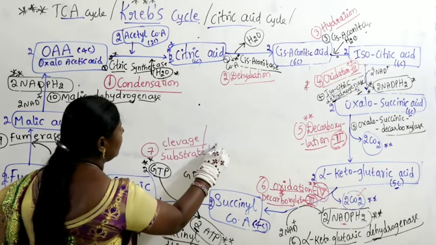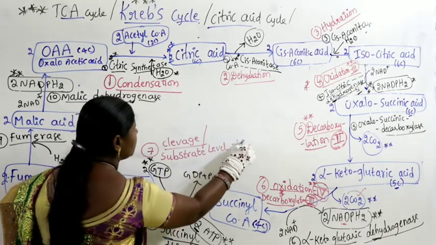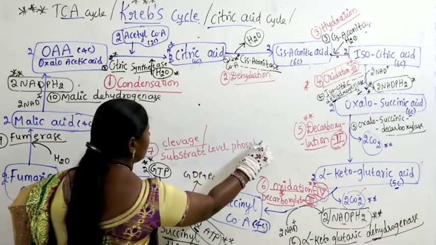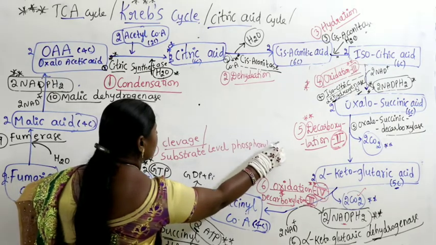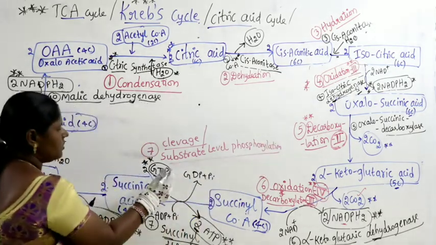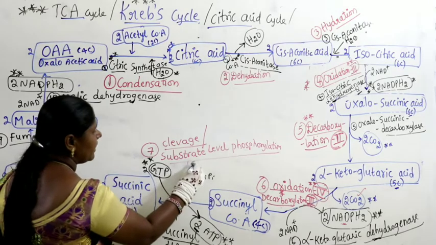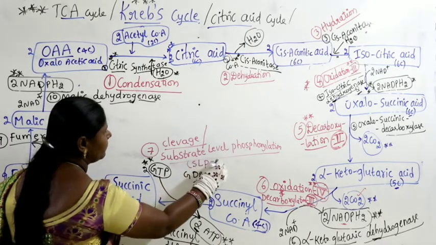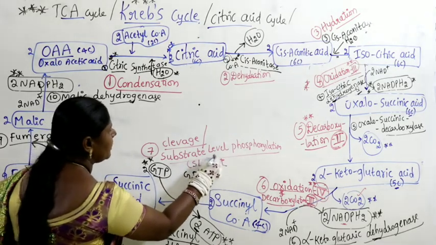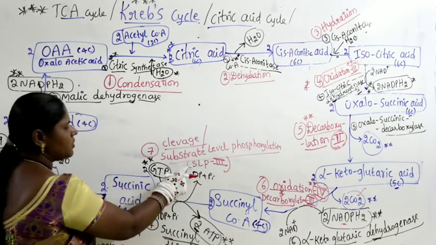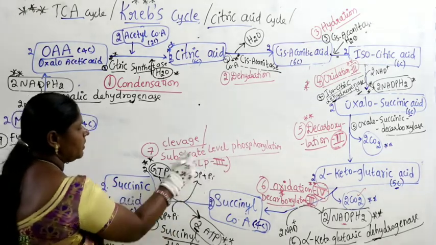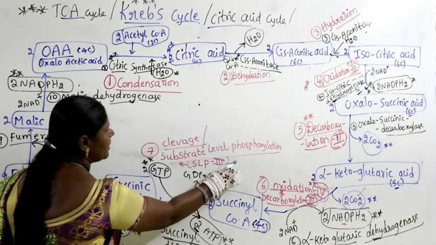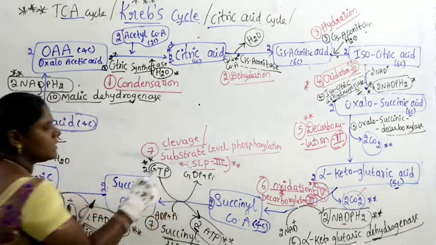Substrate level phosphorylation, where this seventh one. So substrate level phosphorylation, SLP3, substrate level phosphorylation number 3, very important. Number 3 is very important. Why SLP3?